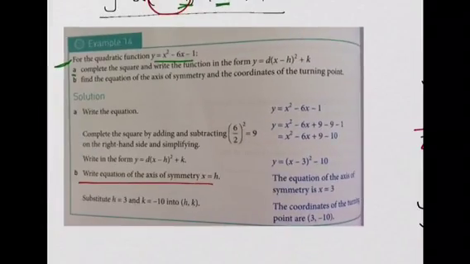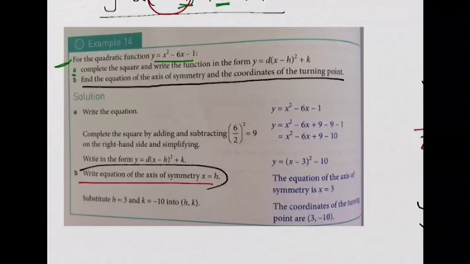Now the other thing we were asked to do is find the equation of the axis of symmetry and the coordinates of the turning point. Oops, I discussed the wrong part before, but anyway, I was talking about this before, which was the answer. So we've found the equation of the axis of symmetry, that's done, and we need the coordinates of the turning point.